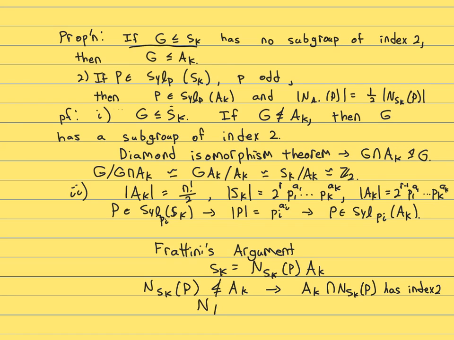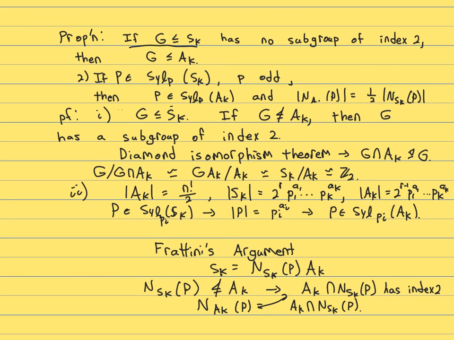Oh, but that's exactly what this normalizer in A_k is. It is this intersection. By definition, it's those elements that normalize P that are elements in A_k, the alternating group.